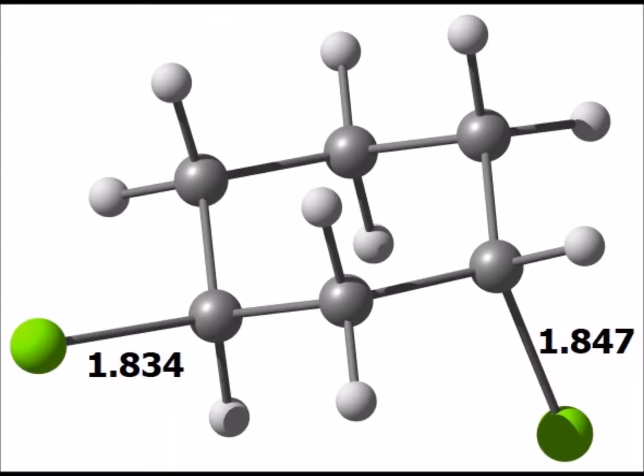Here is the trans 1,3-dichlorocyclohexane, and we see that there's only one possibility here, one substituent must be in an equatorial position and one must be in an axial position if we are to have them trans to each other and 1,3 disubstituted.